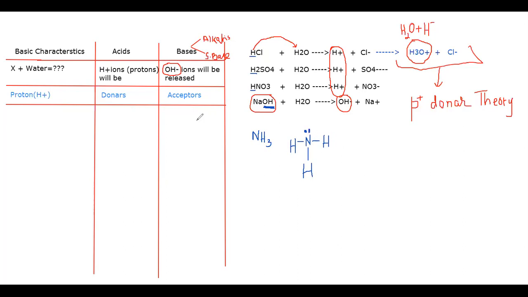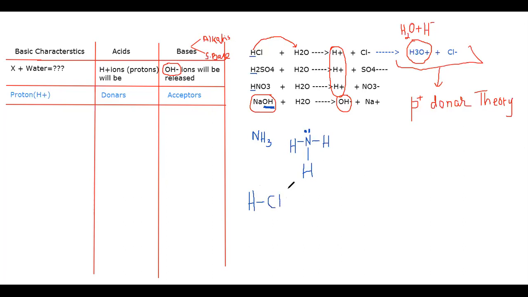And this is the structure of HCl, hydrochloric acid. Hydrogen is also making a covalent bond with chlorine.